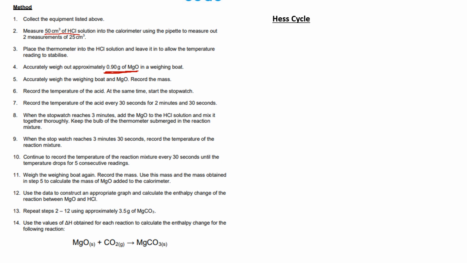You measure the temperature of the hydrochloric acid over time, so it might just stay pretty steady, and then you add the magnesium oxide, and suddenly the temperature is going to fly up, and then it will gradually start coming back down again. We can work out delta T, which is on the next page. I'll show you how to do that. Then you repeat again for the magnesium carbonate using 3.5 grams of magnesium carbonate.